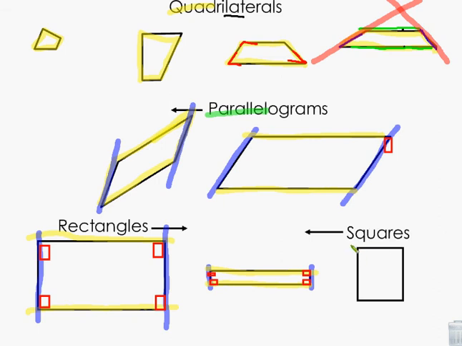Now, just like a parallelogram and just like a rectangle, opposite sides are parallel. So that means that a square is a quadrilateral because it has four sides. A square is a parallelogram because opposite sides are parallel. A square is a rectangle because it has square corners.